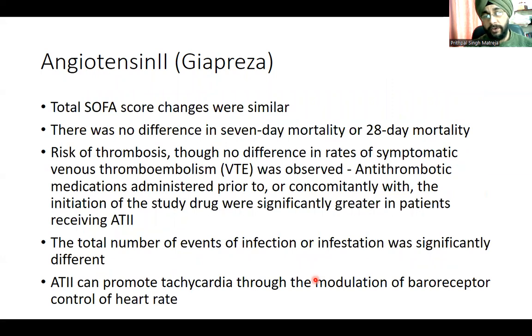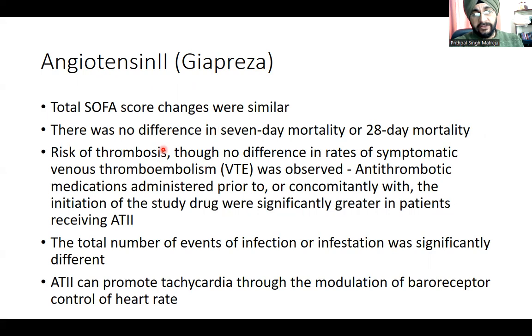Now, when further analysis of the ATHOS-3 study was done, it was found that although there was a change in the total SOFA score, the total SOFA score was similar in both groups. And there was no difference in 7-day mortality or 28-day mortality in patients receiving angiotensin 2 versus conventional treatment. Apart from this, there was a significant risk of thrombosis, and this has also been put in the package insert of angiotensin 2.